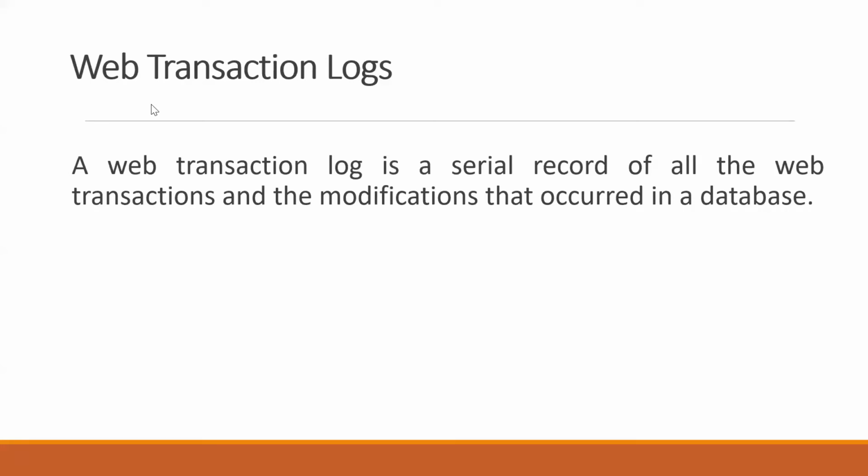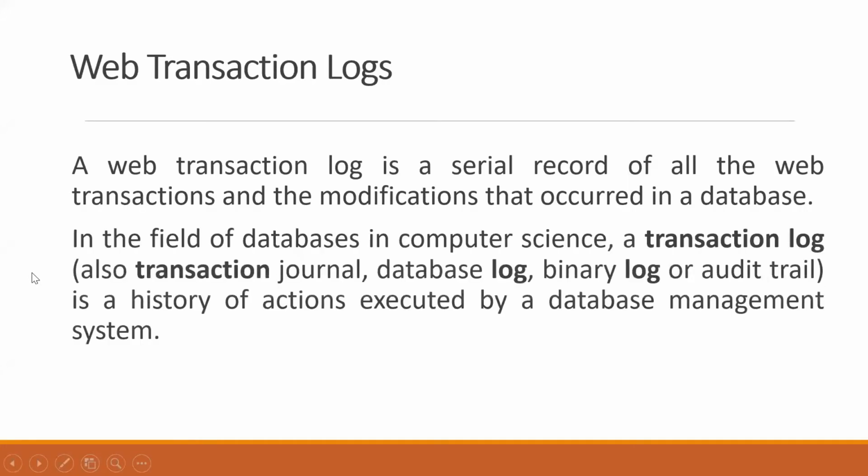A lot of transactions will happen online. All these transactions will be recorded in a database. So those are basically called web transaction logs. I repeat, web transaction logs are the database which will record all the activities of customers online, right?